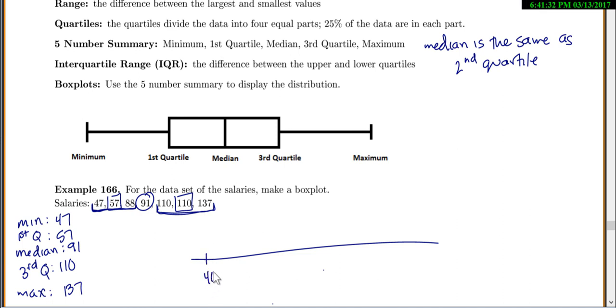Now do a number line. Let's do 40, 50, 60, all the way up to like 140. Oh, I skipped 100. So we need to go up to 140.